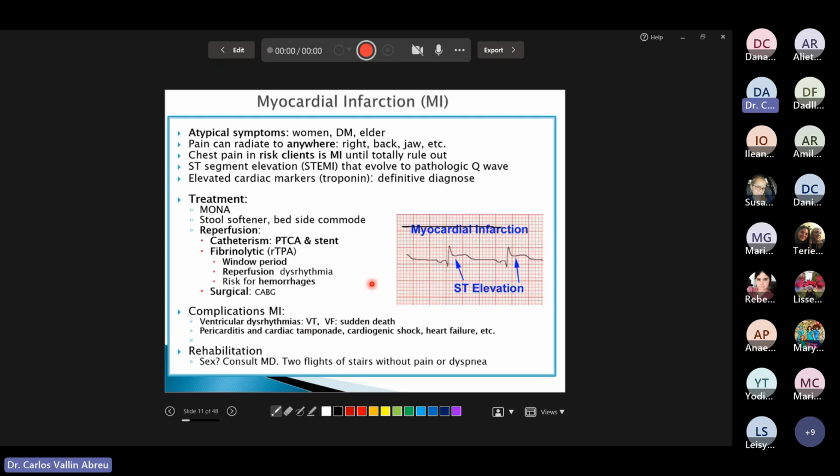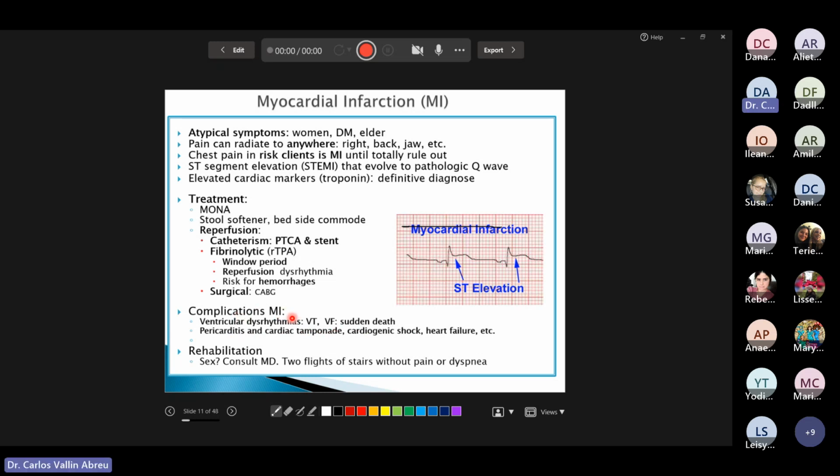Both are causes of sudden death. The prevention and early detection of this dysrhythmia is basic in the management of myocardial infarction to prevent death. There are other complications, like heart failure, cardiogenic shock, even pericarditis and cardiac tamponade.